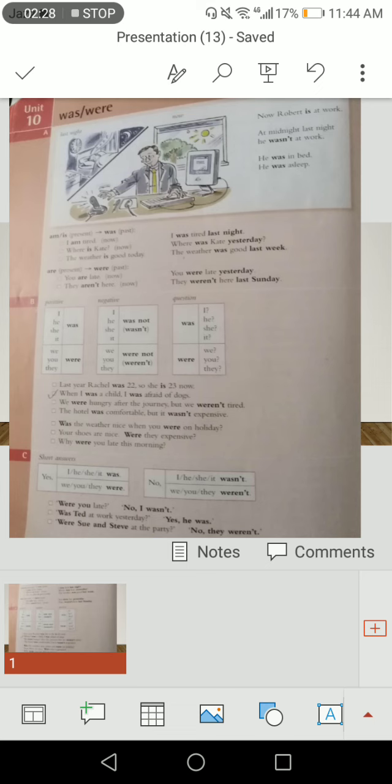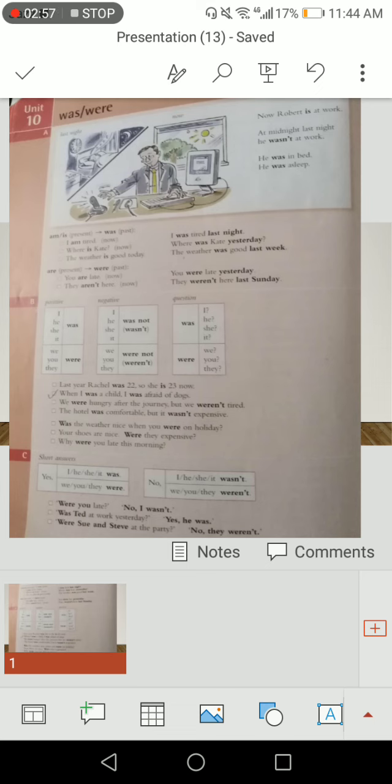In a question, we write was or were before I, he, she, it, we, you and they. Now we will start with positive, negative and interrogative sentences, so we will be more clear and familiar with them, and we will understand it better through the sentences.